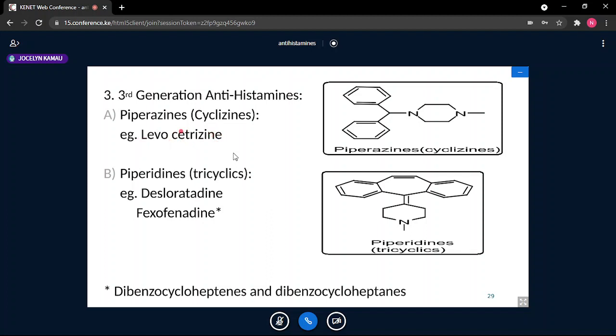So now you have levocetirizine, where levocetirizine is the levo isomer. If you look at this drug here, this carbon to which the two benzene rings are attached will be a chiral center, of course, if one of these is substituted. So you must substitute one of the benzene rings.